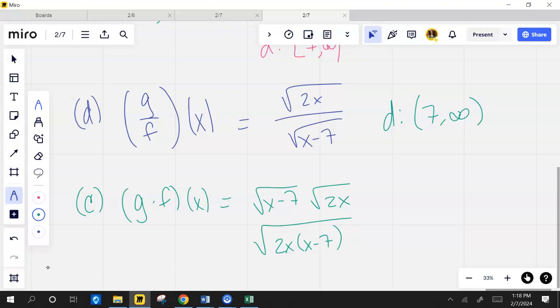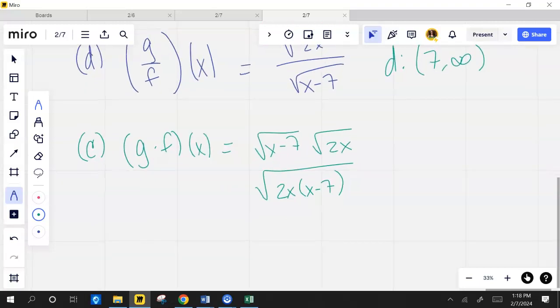But my restricted domain's still going to be the same. I'm still going to be bigger than 7. I wouldn't make more work than I had to do. If you want to, it's not wrong, 2x squared minus 14x, you could. I'm still going to have that same combined domain.